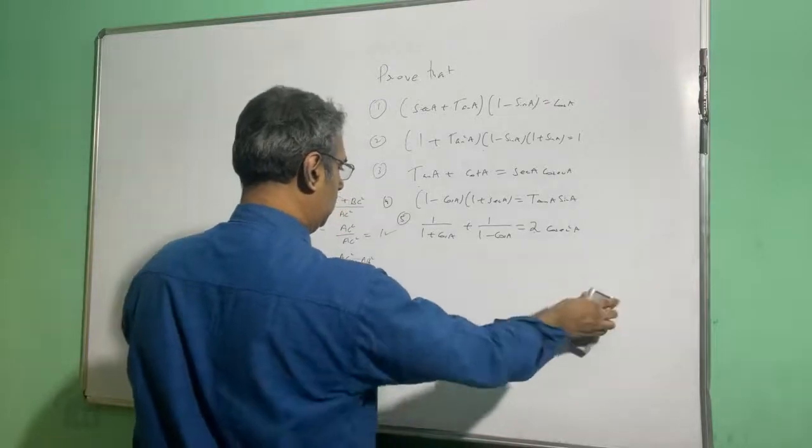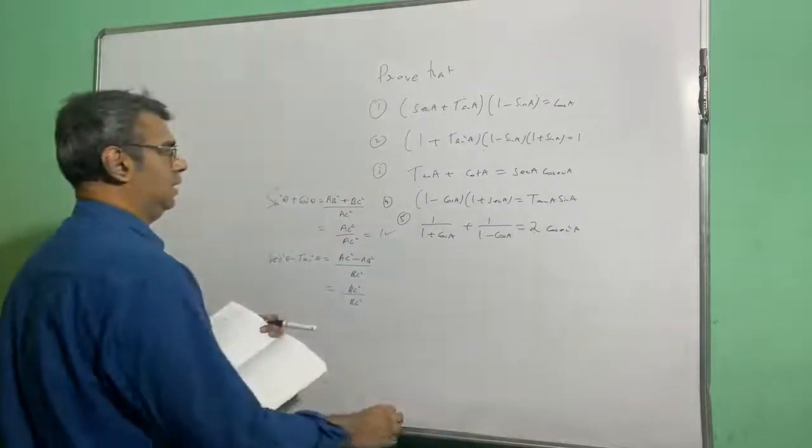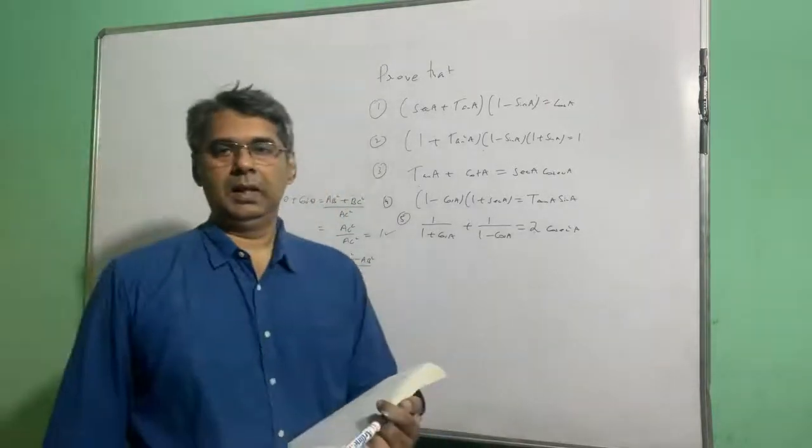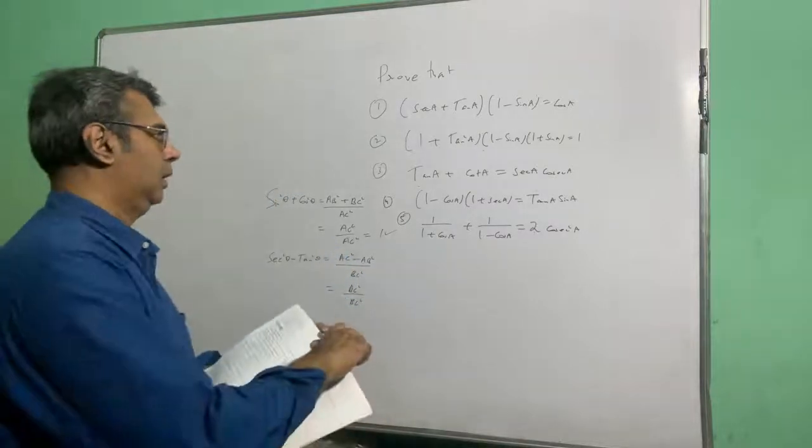In all the 5 questions there are 5 identities and you will have to prove them.